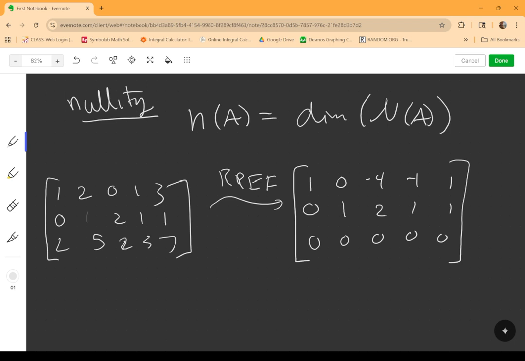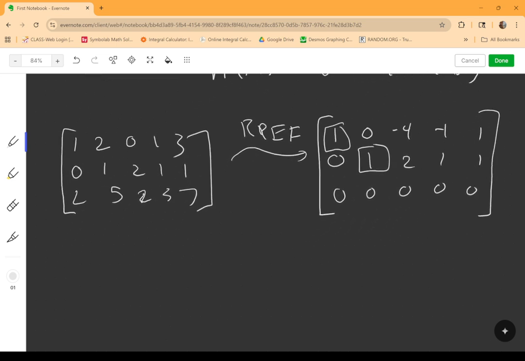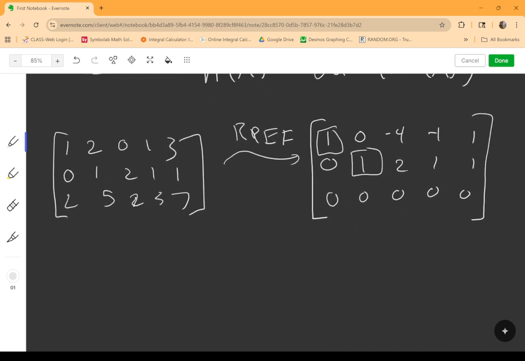From here, if we were looking at the column space, we could say the column space here is equal to the span of two linearly independent vectors, 1, 0, 2 and 2, 1, 5.